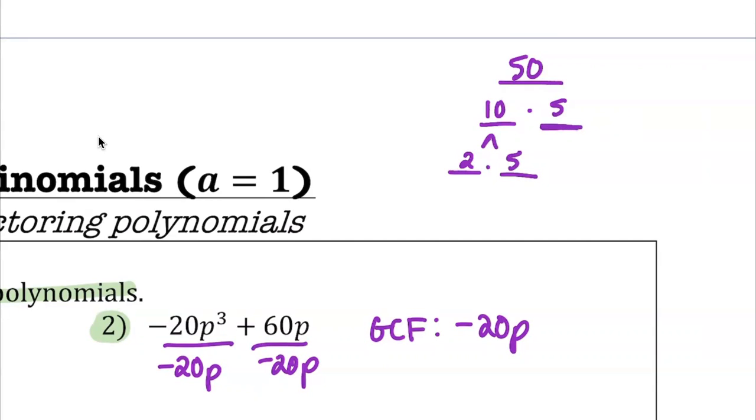This 5, the only numbers that really multiply to give me 5 are 1 and 5. So that one doesn't have any more. It would just stay a 5. And what that leaves us with is this guy right here. We want to break up each of the factors into the smallest factors that we can get.